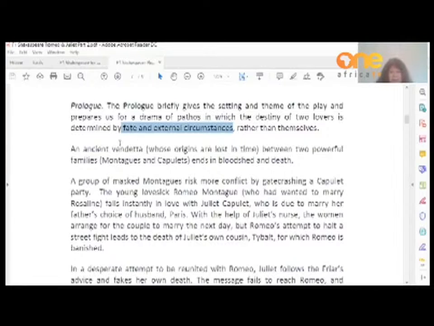So basically, there's an ancient vendetta, which the 2 families can't even remember, between the 2 powerful families. They're called the Montagues and the Capulets. And of course, it's all going to end in bloodshed and death. So they're still quarreling about something that started hundreds of years ago. They can't remember what it's about.